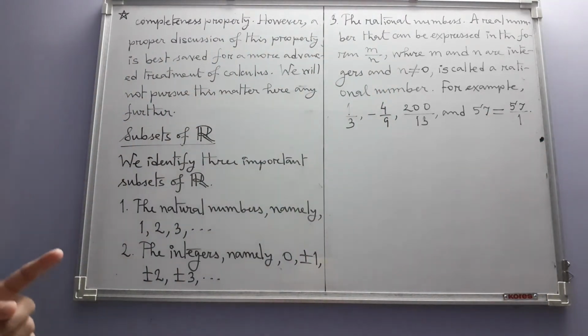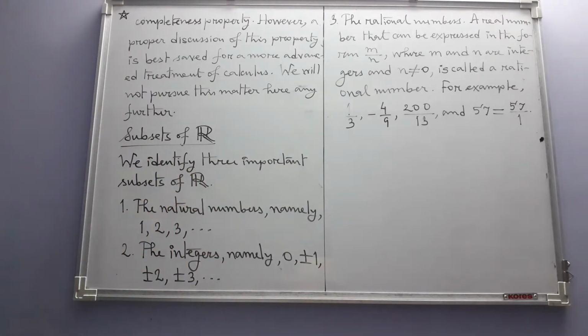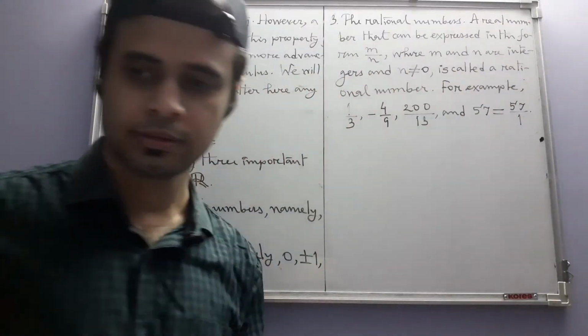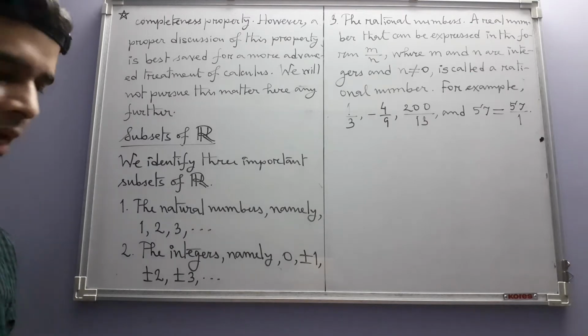Now rational numbers themselves come in two different categories, depending on the type of decimal expansion that they have.